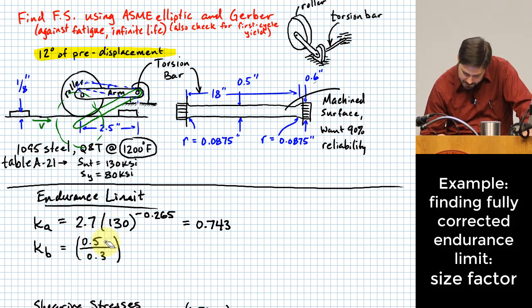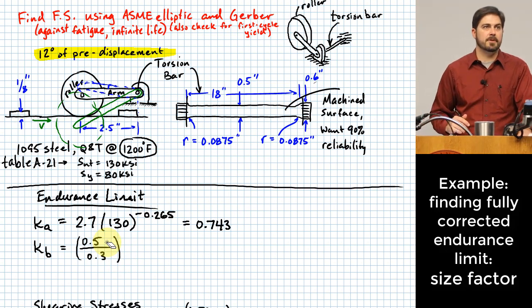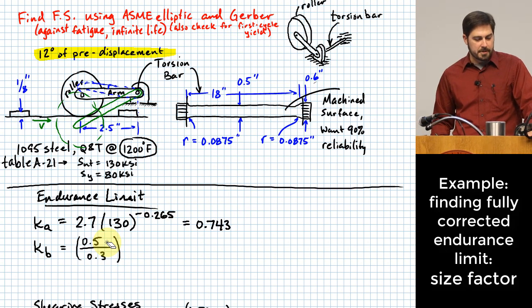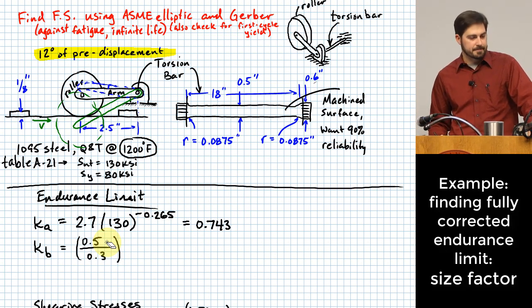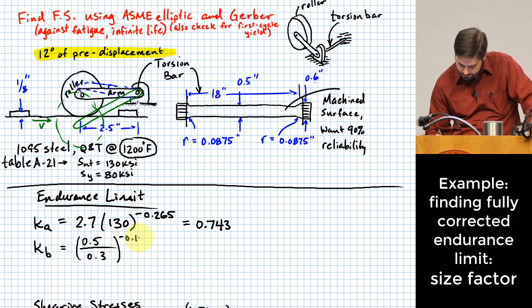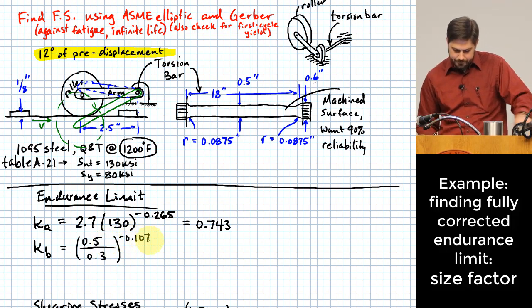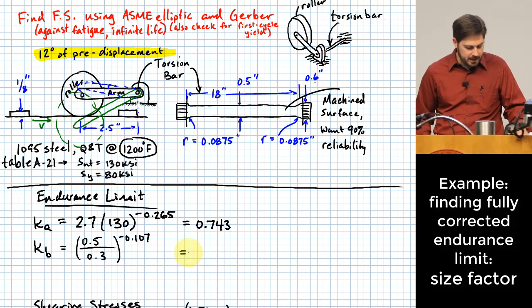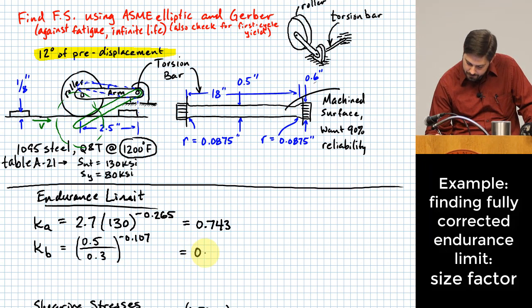Since the equation expects inches, we don't leave the units in there, especially if you're using something like MathCAD, where it would wreak havoc. We then have an exponent of negative 0.107. And when we compute this, we get 0.947.